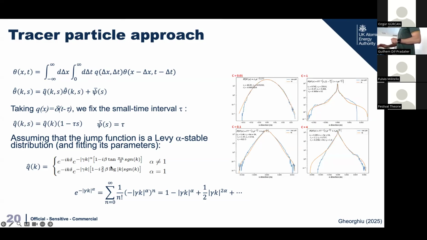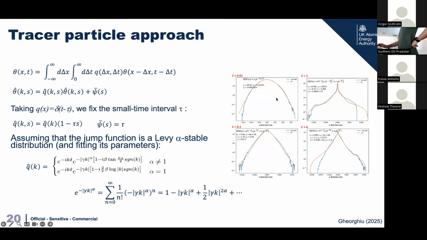One interesting thing is that we used as fitting functions Levy alpha stable distributions, which are fundamentally a generalization of Gaussian functions. And for the Hasegawa-Wakatani system here, you can see in blue the jump functions that we obtained in the simulations with the tracer particles, and in red the fitting that we have used.